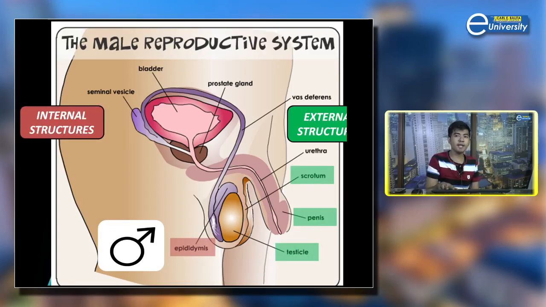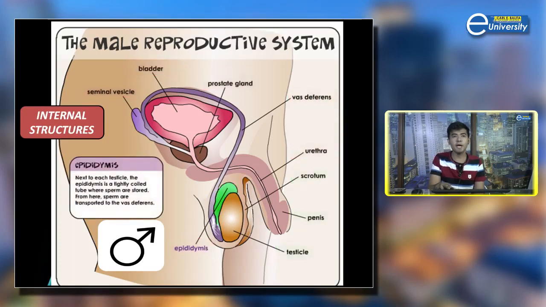So let's proceed now with the internal structures. We have the epididymis, vas deferens, prostate gland, seminal vesicle, and the urethra. Next to each testicle, the epididymis is a tightly coiled tube where sperm are stored. From here, sperm are transported to the vas deferens.